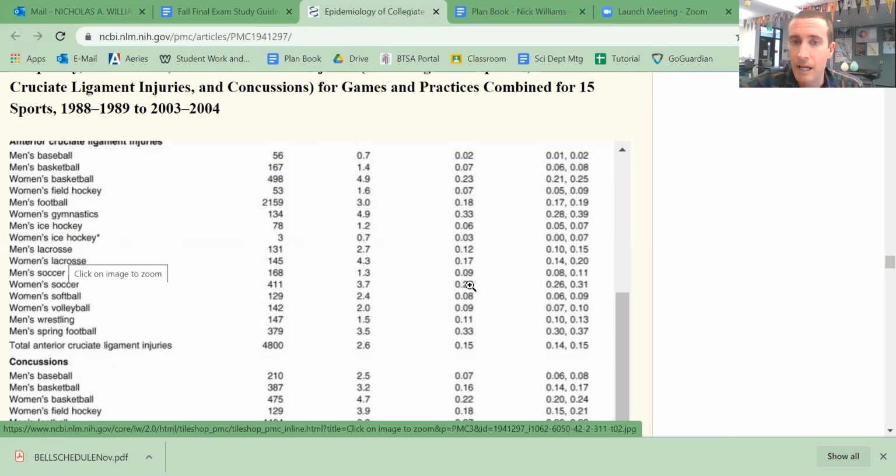So it seems like women's ACL injuries are at a much higher rate, which is unusual. I wonder if that's something to do with men having slightly larger legs and so maybe thicker ACLs. Women might be slightly smaller on average and thus have smaller ACLs, and thus it could be easier to tear. It also could just be that women's soccer players go really hard. They're playing at the same pace as men's players. And there could be a lot of change of direction and tearing based on how hard they're playing.